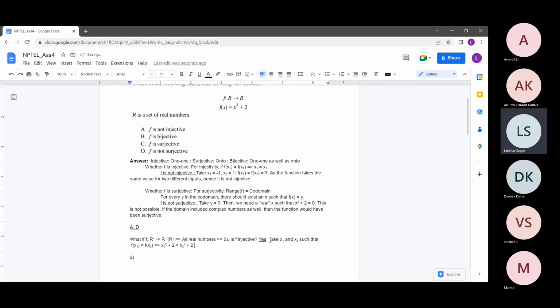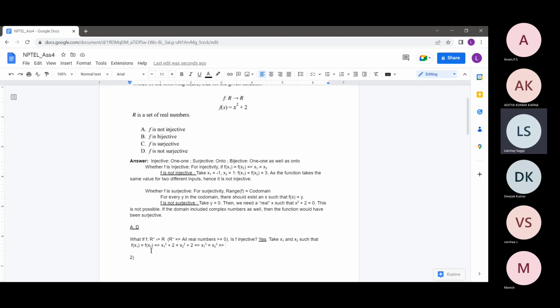And from here we get that the 2 will cancel and we'll get that x1 squared is equal to x2 squared, right? And here this implies x1 is equal to plus minus x2, right?